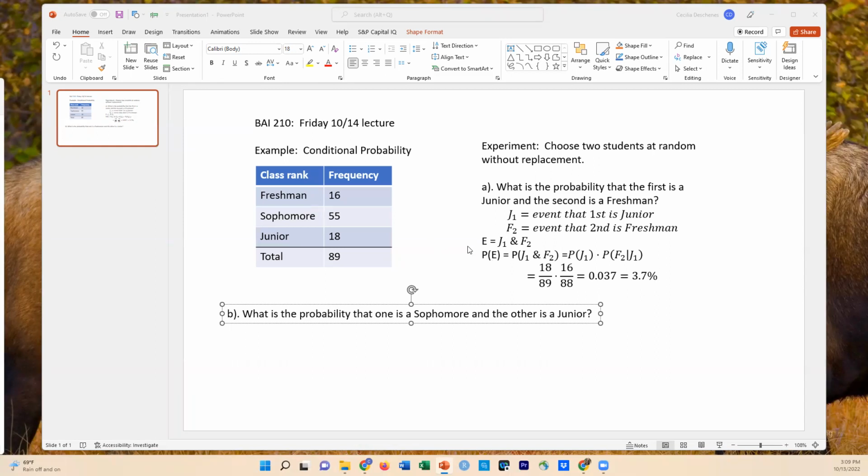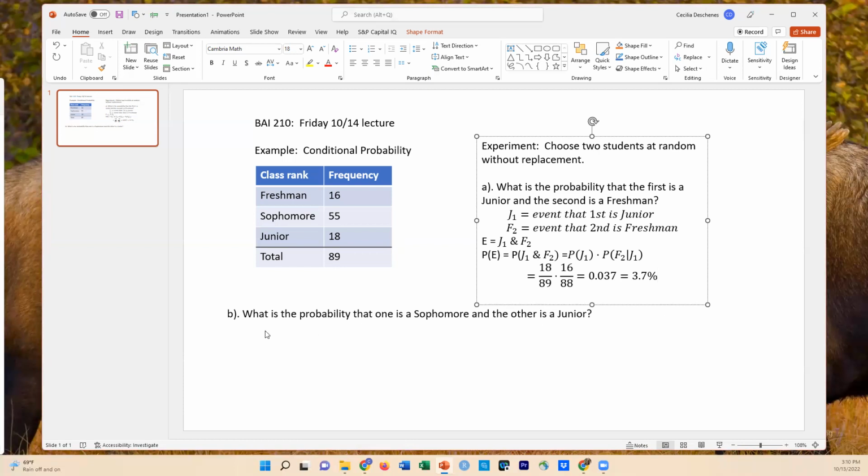And then we went through using the frequency table and the definition of the multiplication rule for probability and used that to look at our table, and came up with that there was a 3.7% probability of this event happening.